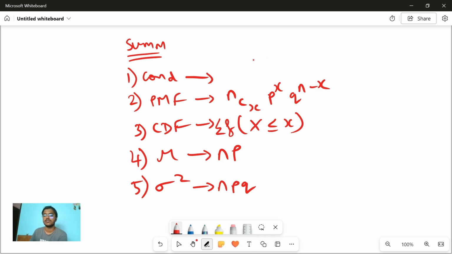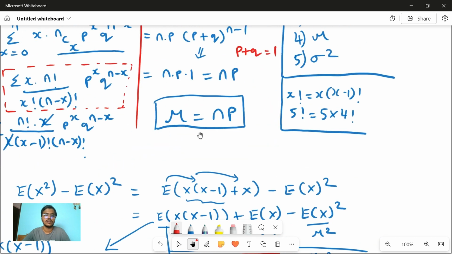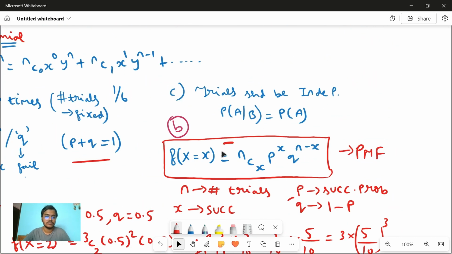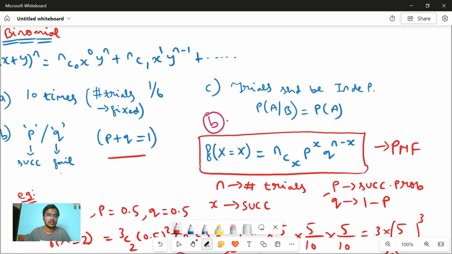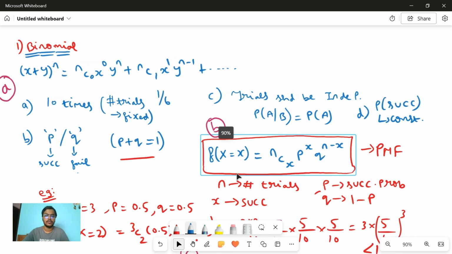That condition I missed when I was telling you the conditions in the binomial distribution. This was one more condition: trials should be independent. I told you the probability of success should be constant. It cannot change with time, as in every time you do that experiment, it cannot change. Okay, this is the important step.